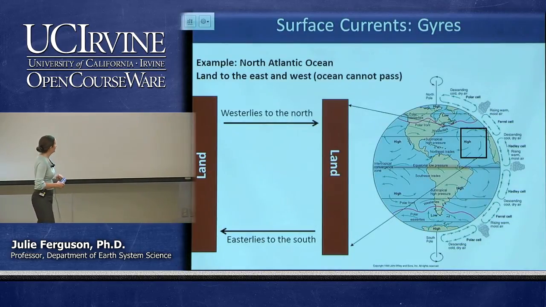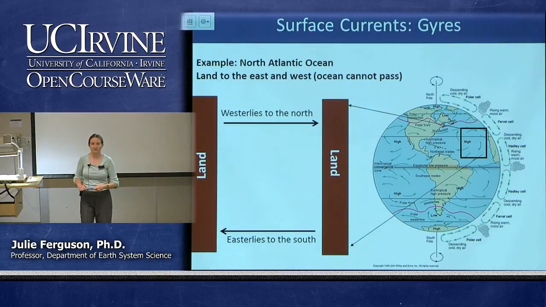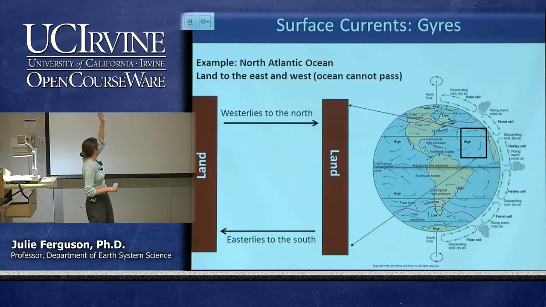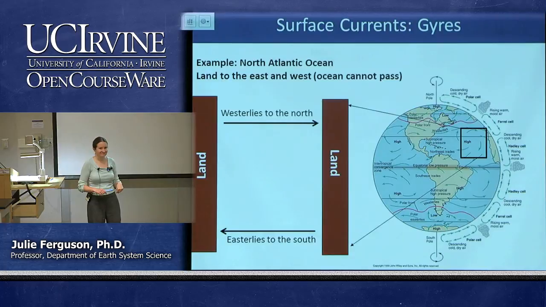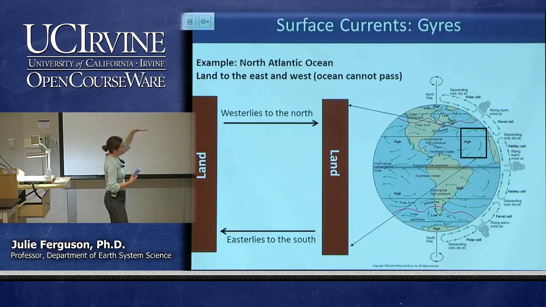Okay? And so what hemisphere are we in? We're in the northern hemisphere. So what direction will water move in due to the westerlies? Are they going to move up the page or down the page? Down the page, yes?